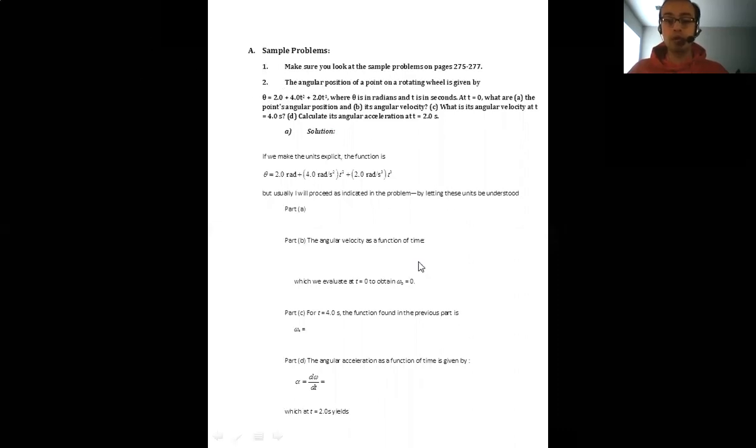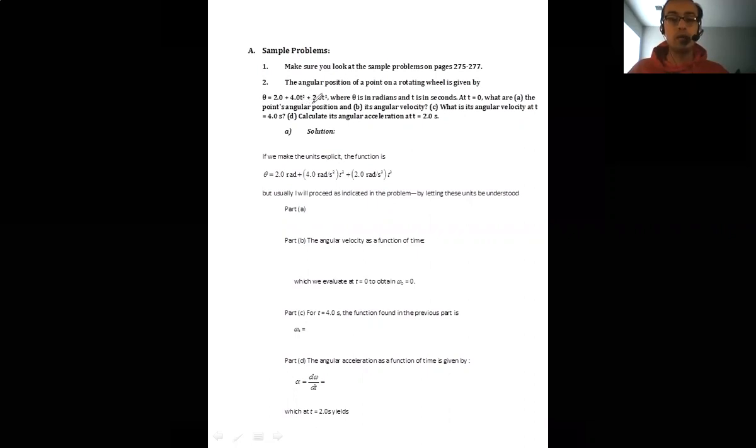The angular position of a point on a rotating wheel is given by theta equals 2.0 plus 4.0 t squared plus 2.0 t cubed, where theta is in radians and t is in seconds. At t equals 0, what are 1, the point's angular position, and 2, its angular velocity, and 3, what is the angular velocity at t equals 4.0 seconds, and 4, calculate its angular acceleration at t equals 2 seconds.